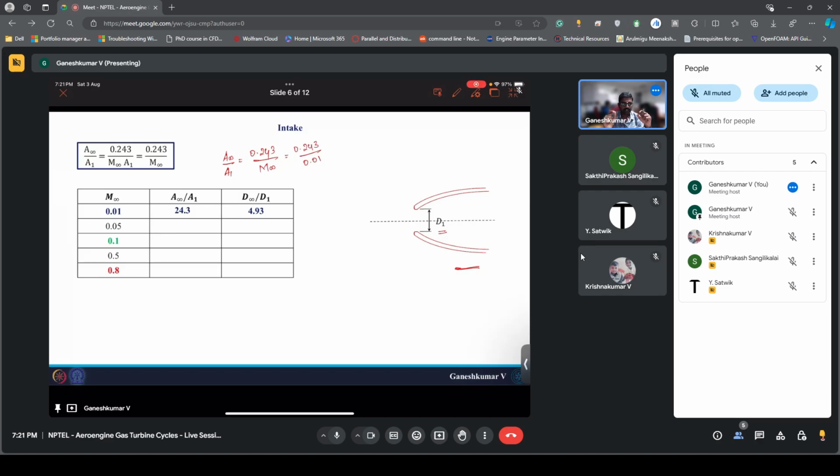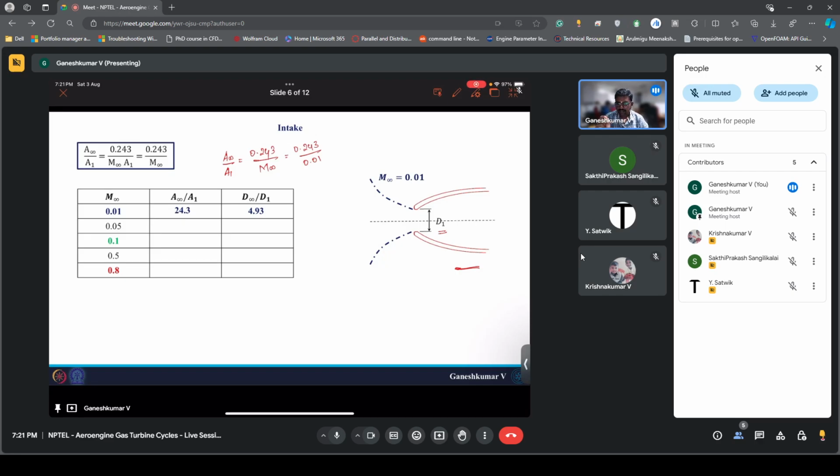So that's why at low speed your capture area is very big. To give a perspective, I have drawn this as a dotted line here. At low speeds you will have a very high capture area.